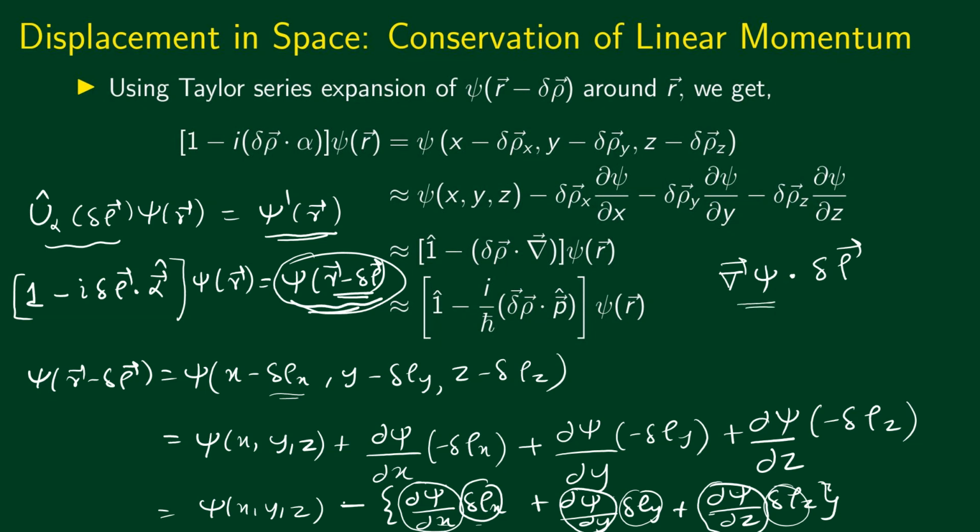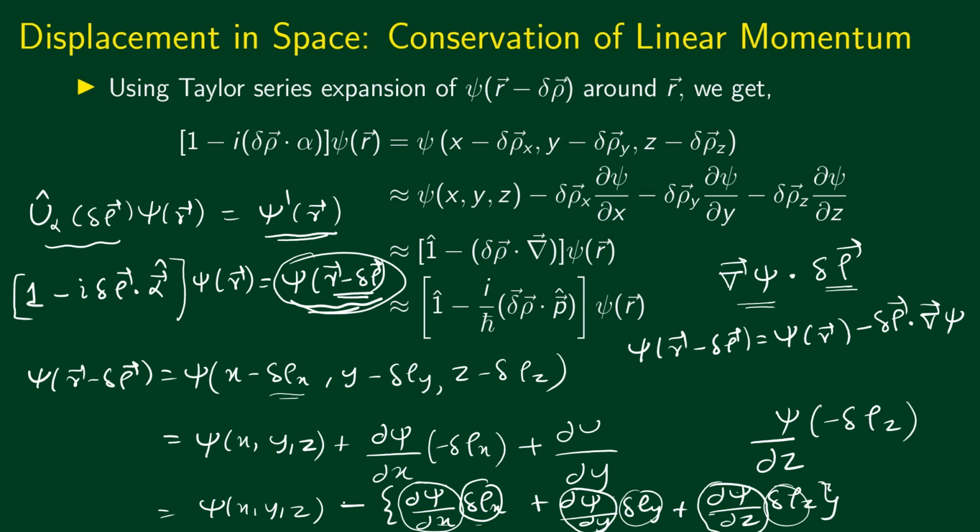So we have this Taylor expansion. Psi of r vector minus delta rho vector is actually equal to psi of r vector minus, this is just a parameter, so let me write it as delta rho vector dot del vector psi. All right, or we can pull this psi of r vector outside.